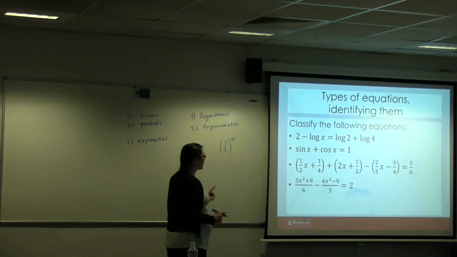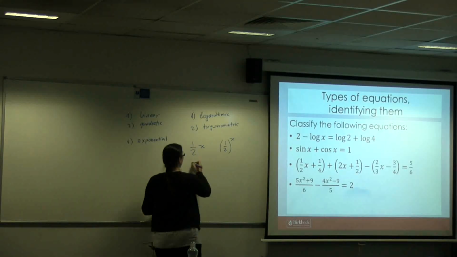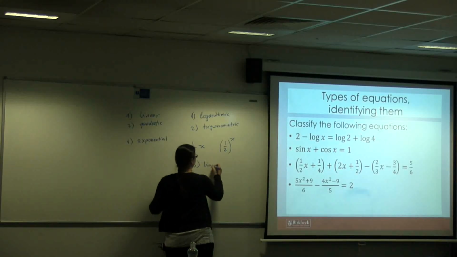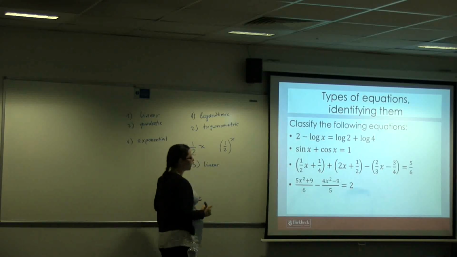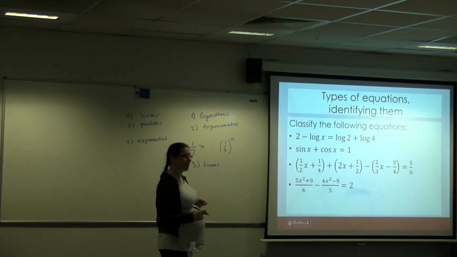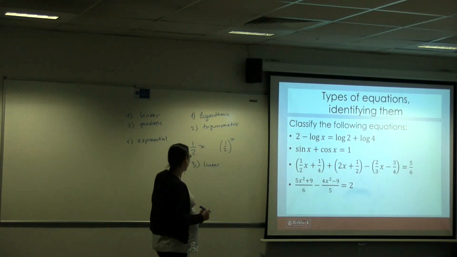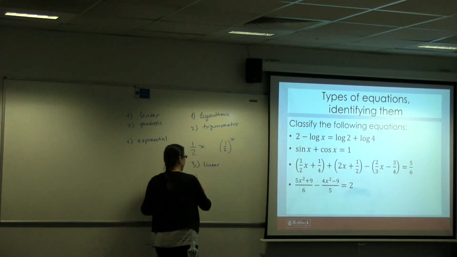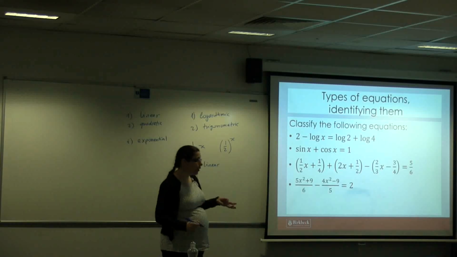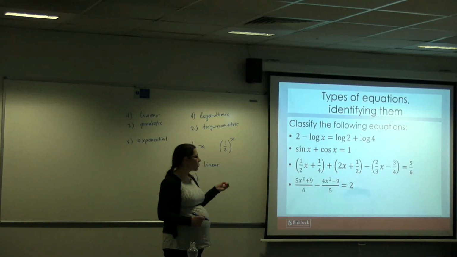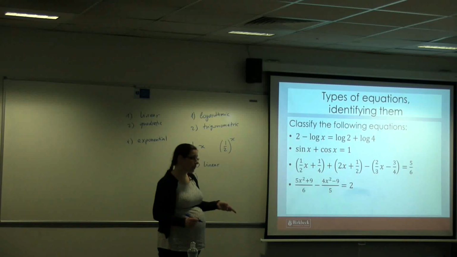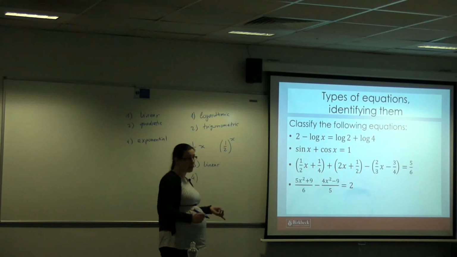So it's a complicated looking but simple linear equation. Sometimes they can hide quite badly. And the last one, again, x is not in the power, but x is raised to the second power. So it's a quadratic again.